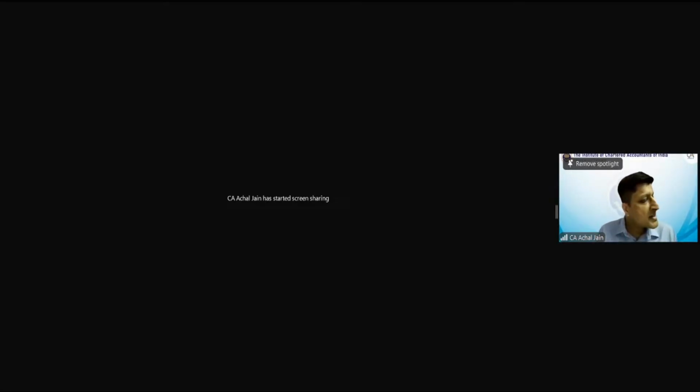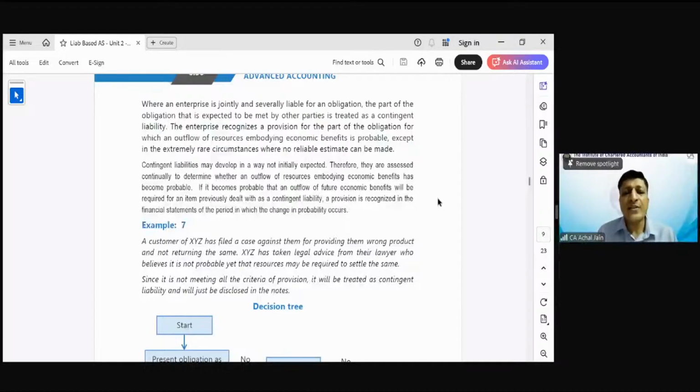Okay, so if you look at this example, a customer of XYZ has filed a case against them for providing them wrong product and not returning the same. XYZ has taken legal advice from their lawyer, who believes it's not probable yet that the resources may be required to settle the same.